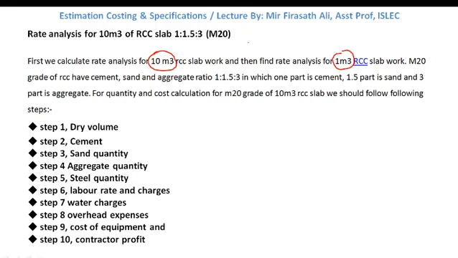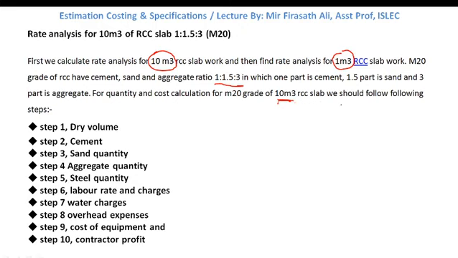M20 grade of reinforced cement concrete has cement, sand and aggregate in the ratio 1:1.5:3, in which 1 part is cement, 1.5 is sand and 3 parts is aggregate. Why do it for 10 meter cube? From it we can easily get the 1 meter cube cost, and then multiply by whatever the quantity is, either 25 meter cube or 30 meter cube.